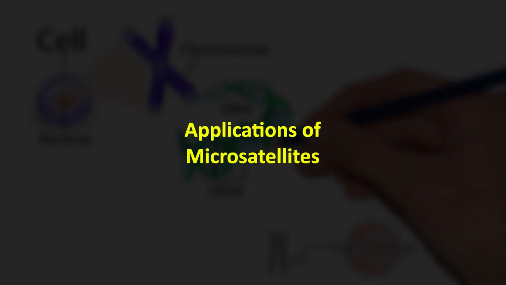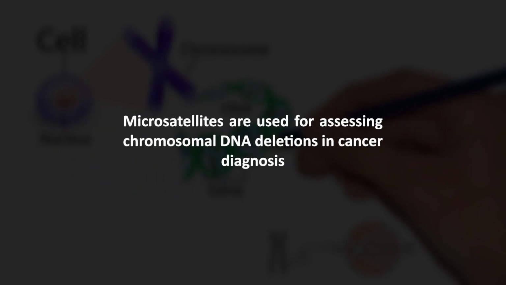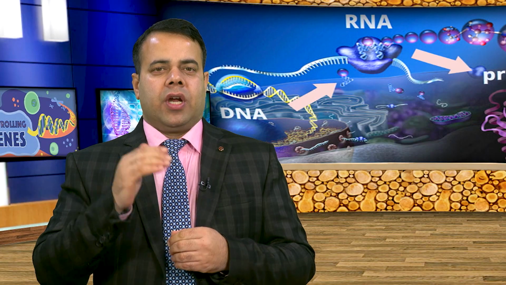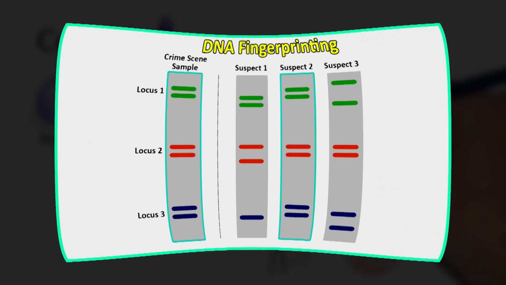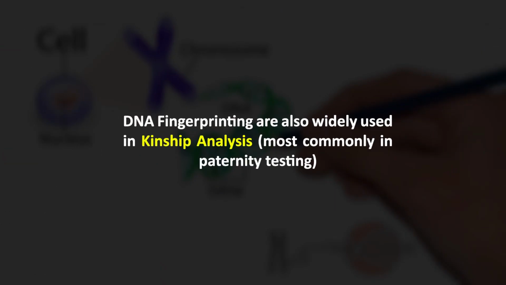Dear students, let's now discuss the applications of microsatellites. Microsatellites are used for assessing chromosomal DNA deletions in cancer diagnosis. Microsatellites are widely used for DNA profiling, also known as genetic fingerprinting, of crime stains in forensics and of tissues in transplant patients. They are also widely used in kinship analysis, most commonly in paternity testing.